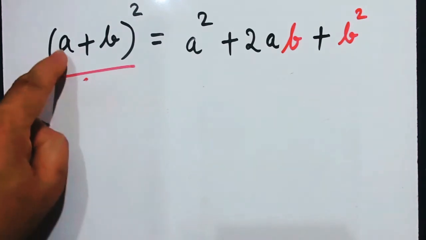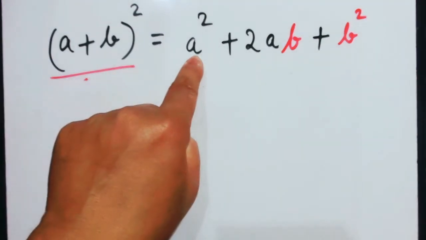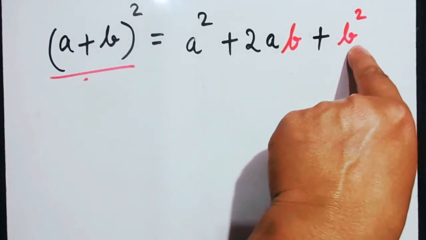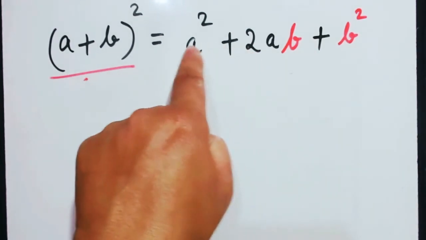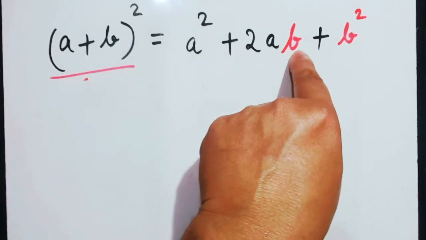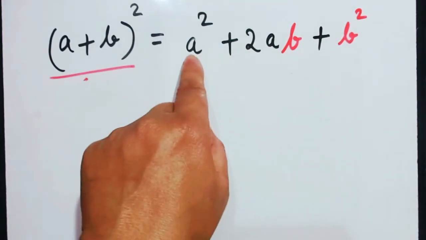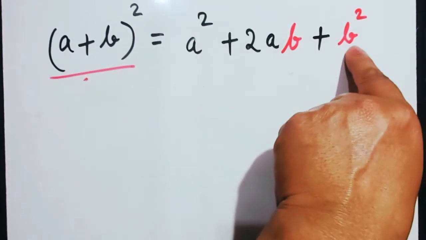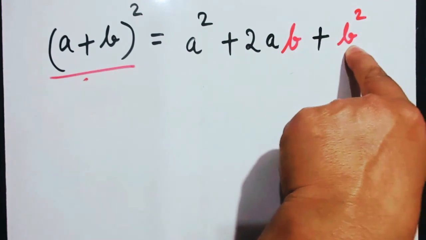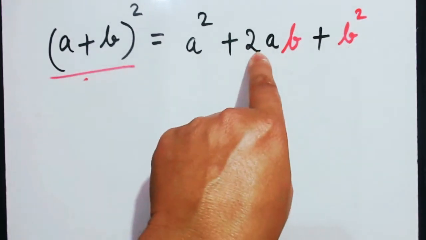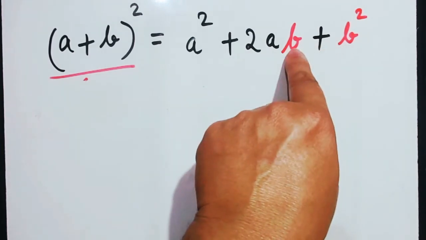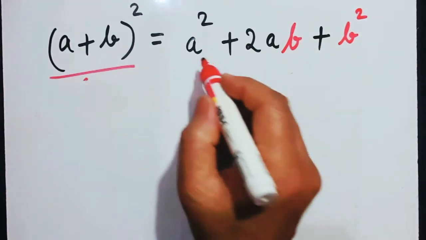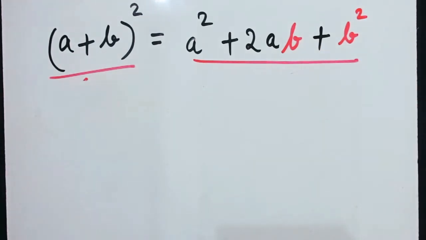Means the first term whole square plus second term whole square plus 2 times first term into second term. Once again, first term whole square plus second term whole square plus 2 times first term into second term over here. I hope you have understood this.